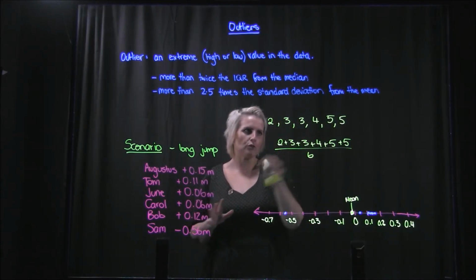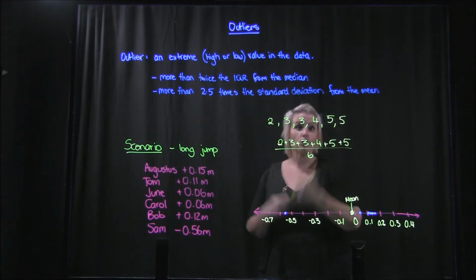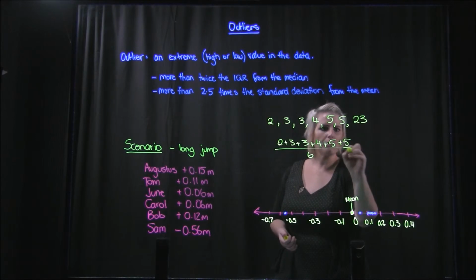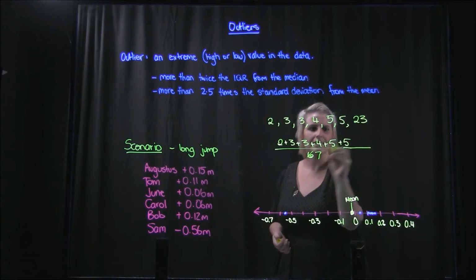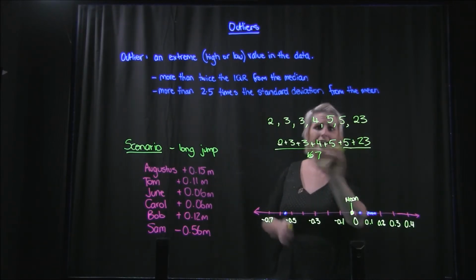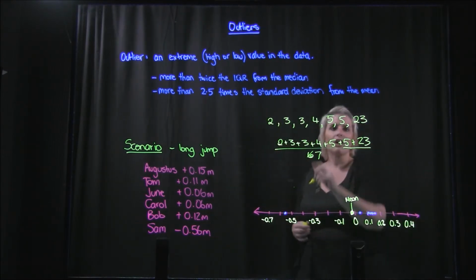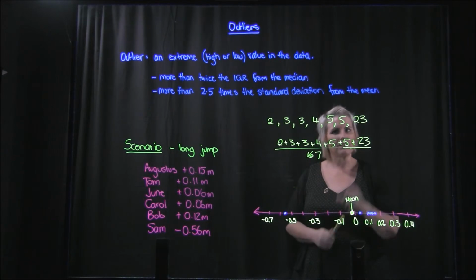Because you're adding values, if you've got a value that's really large, so if I were to add 23 onto here, while I'm only dividing by 7, that top number will end up being really large. And when I divide it by 7, it just won't bring the number down enough to sit within the data.